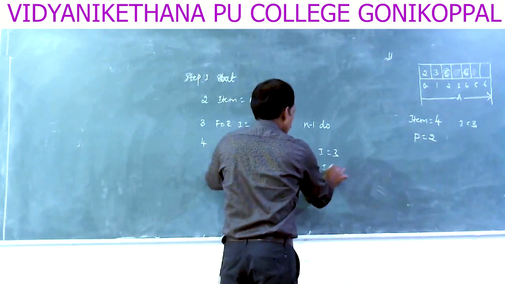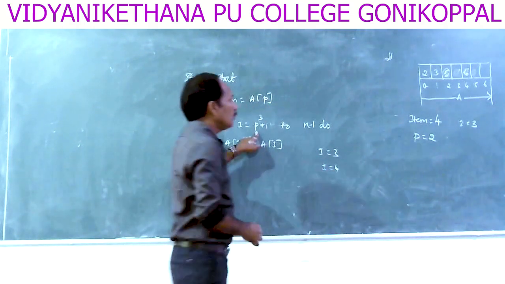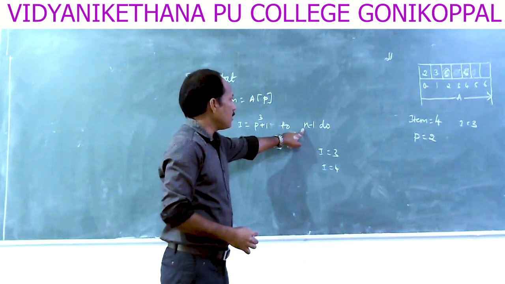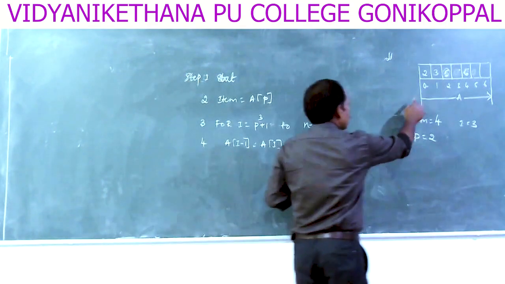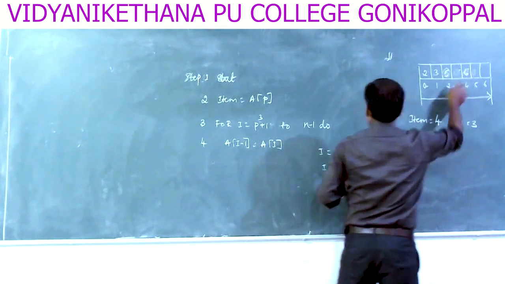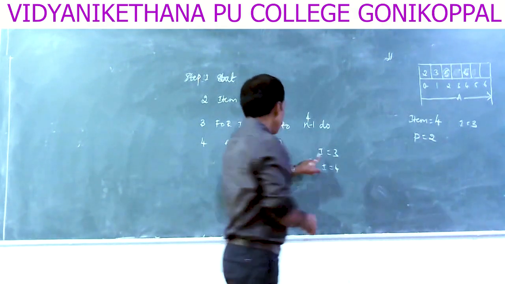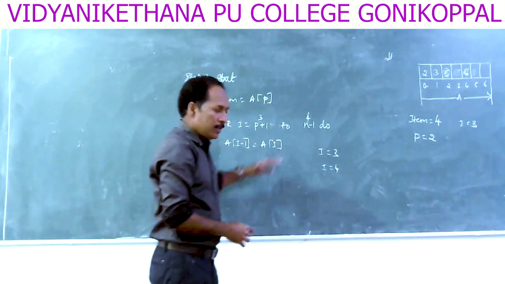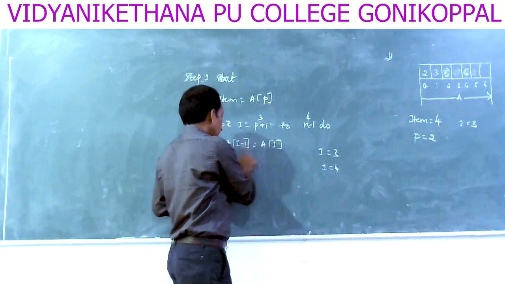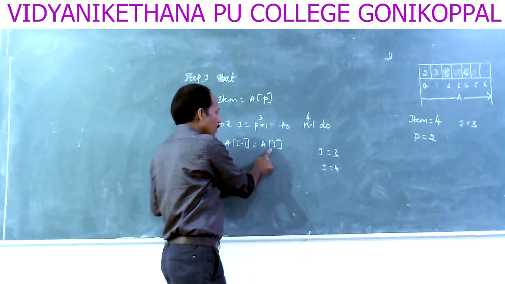Now 4 is less than 5. The number of elements we had is 1, 2, 3, 4, 5. So N is 4 and I is also 4. 4 less than 4 is false, but 4 equal to 4, so repeat. Now 4 minus 1 is 3. What is at A of 4?